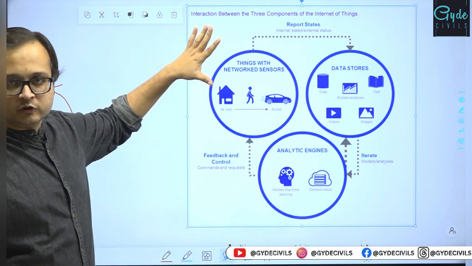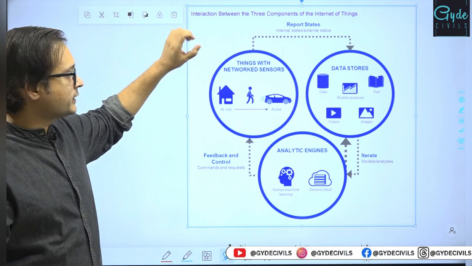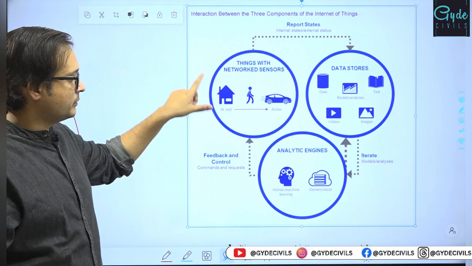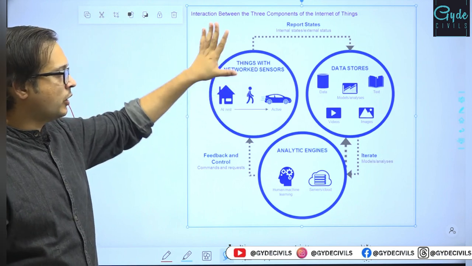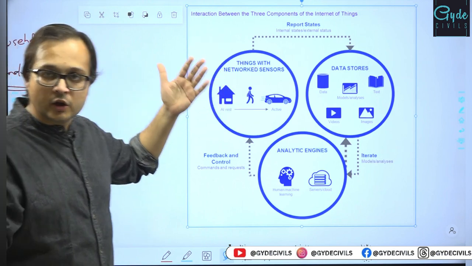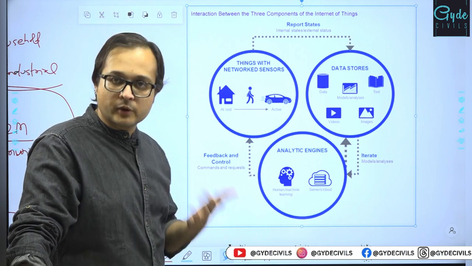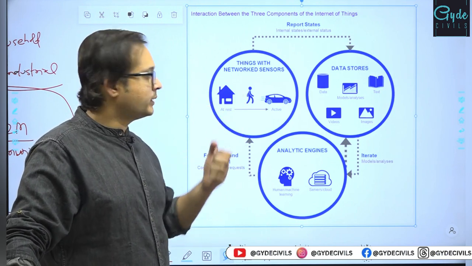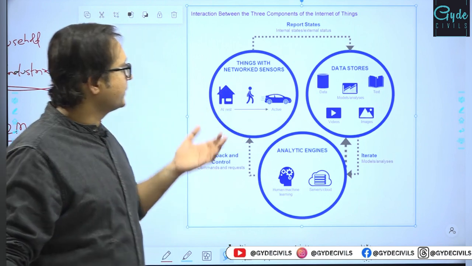The first component of Internet of Things is the things with networked sensors. That means the home, vehicle, objects, all of these, even humans, who can have a wearable computer. They can also be a party to this Internet of Things, right?